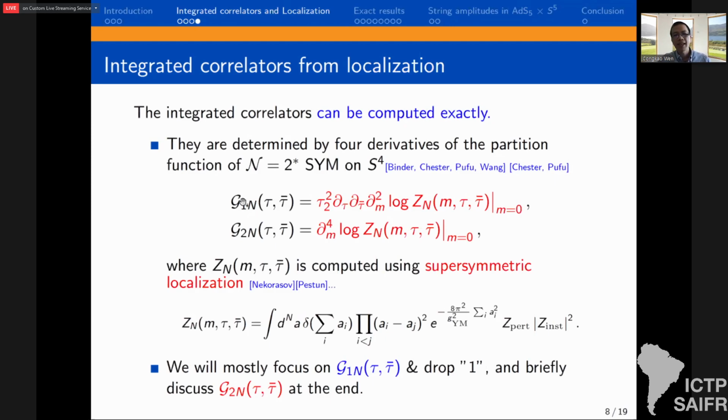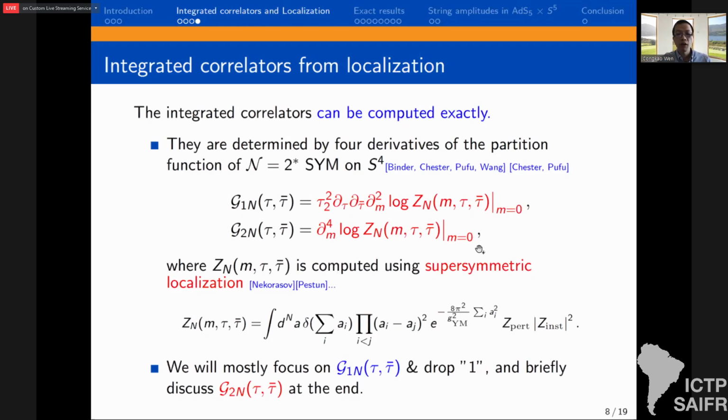The statement is that the integrated correlator is given by taking the partition function and taking 4 derivatives with respect to mass or with respect to the coupling, and setting the mass to 0, going back to N=4 super Yang-Mills. Roughly speaking, when you take the derivative, you bring down the integrated operators from the action. That's how the integrated correlator is related to these 4 derivatives acting on the partition function.